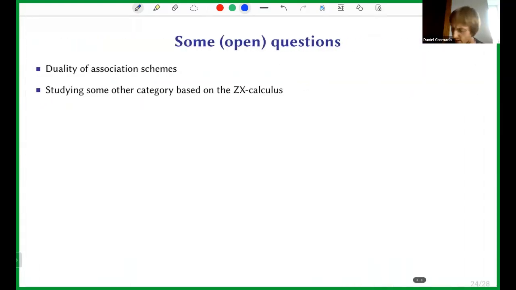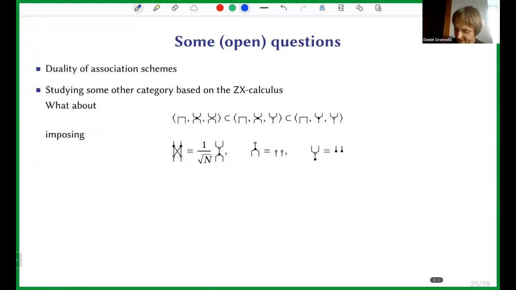Second question, this is maybe slightly more technical. I've been studying this category, which, if you checked this article, was called the NC bipart even, and this one I called the NC bipart.